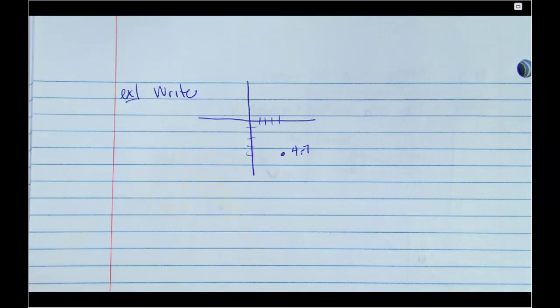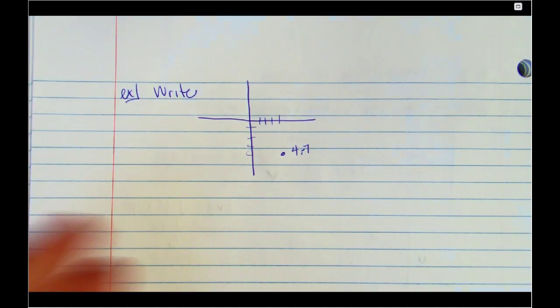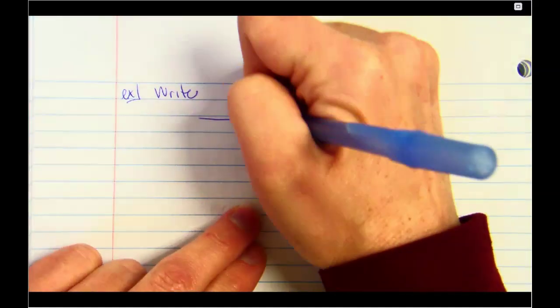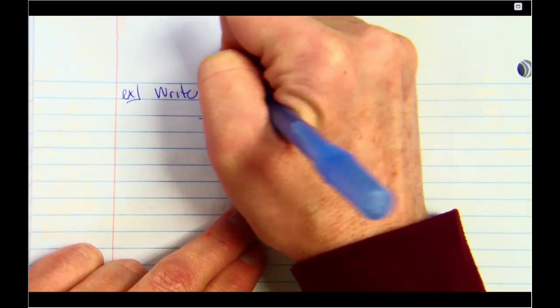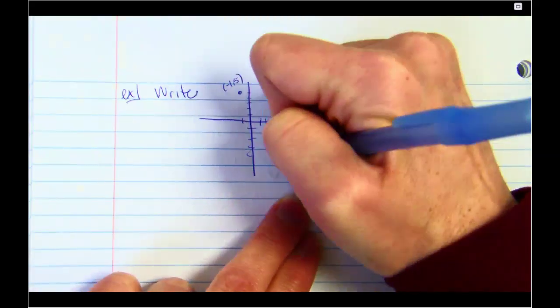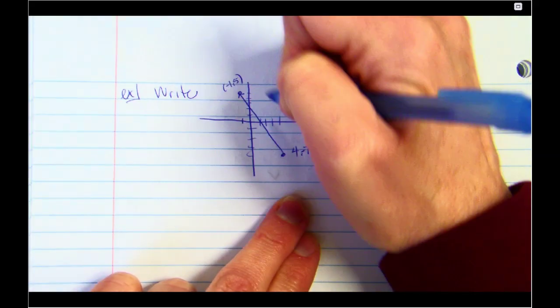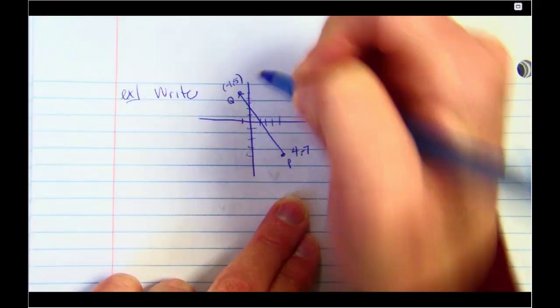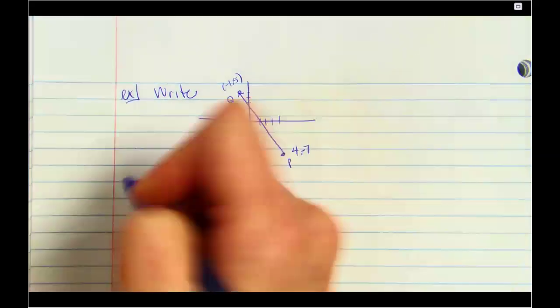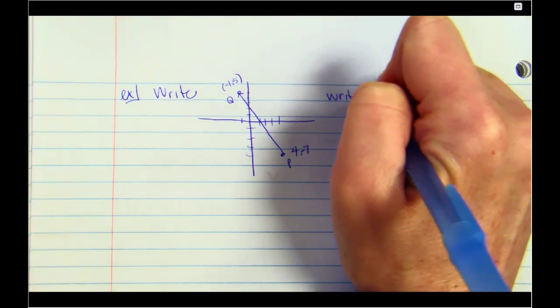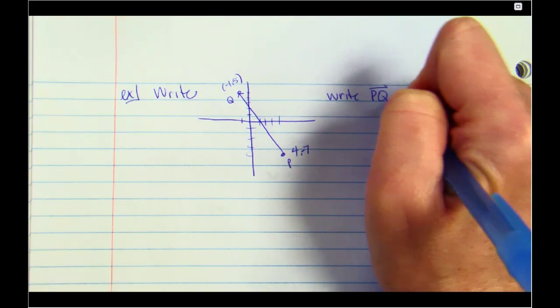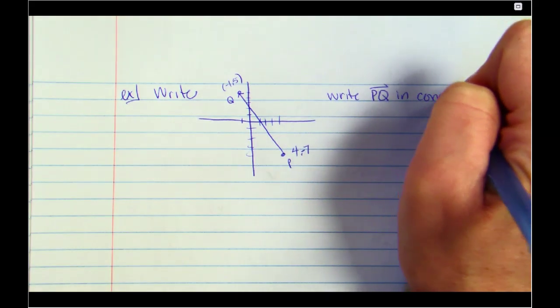And our other point is -1, 5. 1, 2, 3, 4, 5. Okay, and we're going to go this direction. I'm going to go P and Q. And we're going to write PQ in component form.